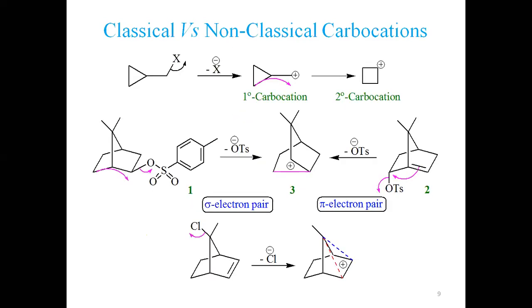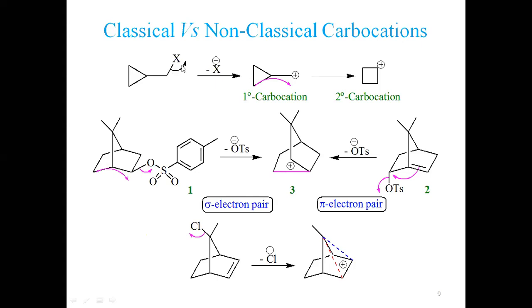Let's see a few more examples. In this case, we have a cyclopropane ring, a three-membered ring, bonded with this X. X is a good leaving group, maybe any. You shall see that in the factors affecting these nucleophilic reactions, in the next lecture.